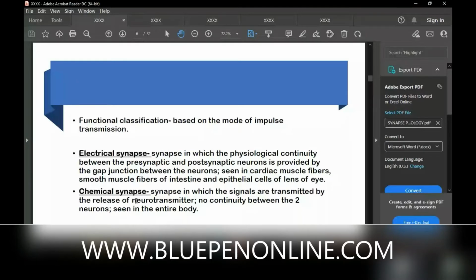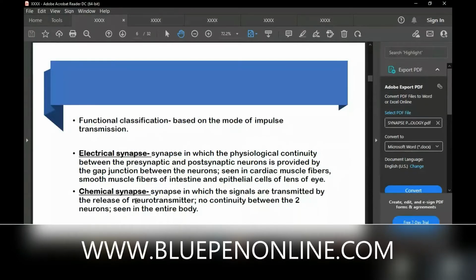Cell junction is the connection between two cells. Okay. We can say it as a junction between two adjacent cells. There are many types of cell junctions. One is the tight junction, then gap junctions, then adhesions, etc.